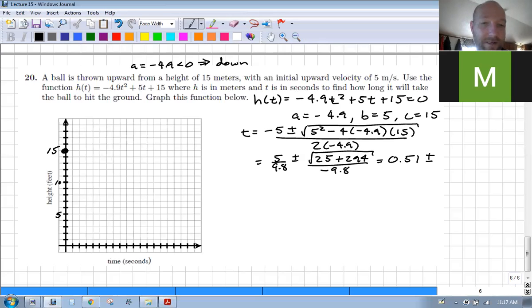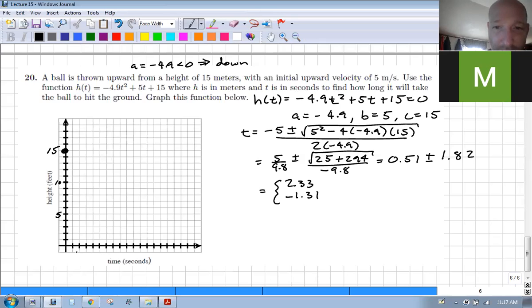If we square root that, we get 17.86 and divide that by 9.8, which is 1.82. And so that gives us, let's see, 0.51 plus 1.82, so 2.33, or 0.51 minus 1.82, and negative 1.31.